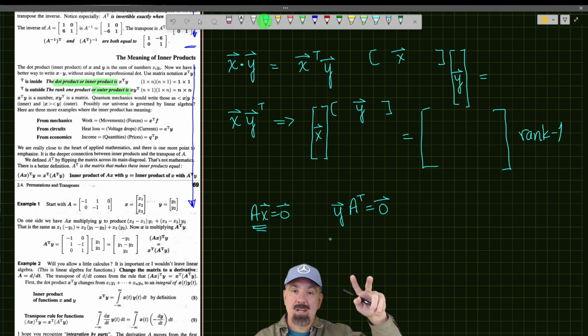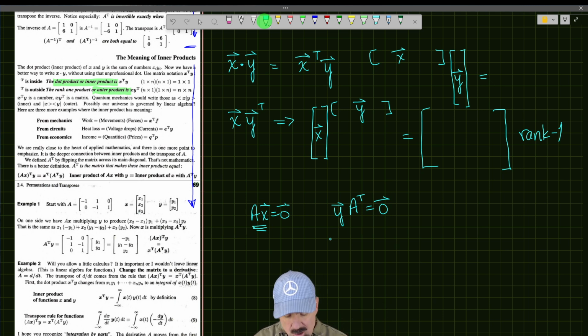X is looking at the linear combinations of the columns of A, and in this case, Y is looking at the linear combinations of the rows of A transpose, but the rows of A transpose are the columns of A. So these two problems are related to one another.